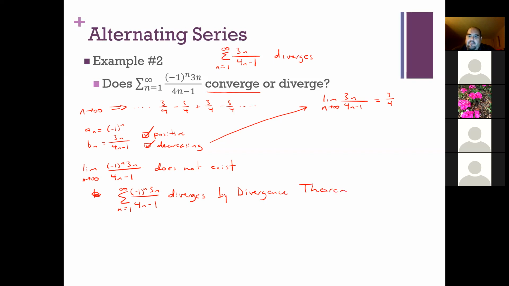And let me ask you all first, do we remember what this theorem says?